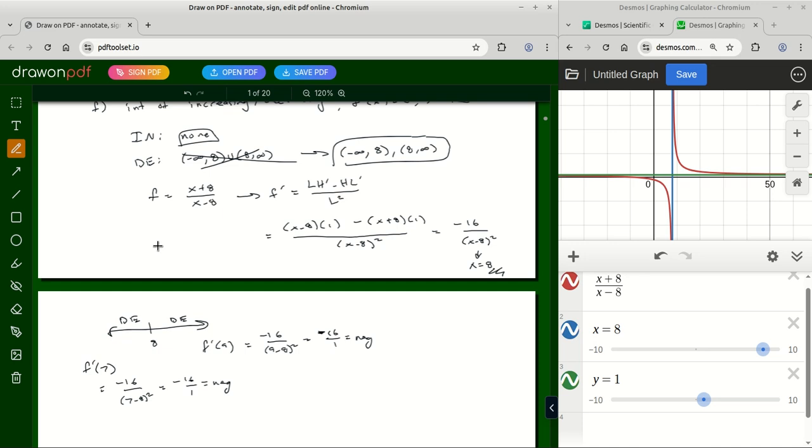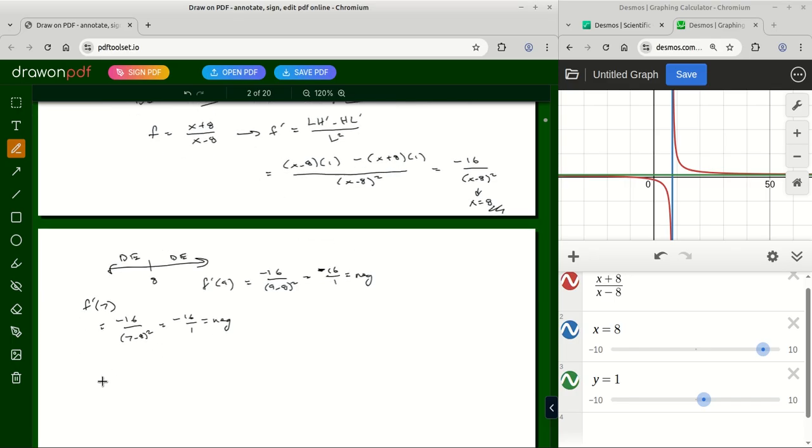What was that? Part F? A, B, C, D, E, F, G. Part G now says find the extrema. We already did this, basically. But this is when f prime is equal to 0, solve for x. In this particular case, I'm saying that this whole thing here equals 0.